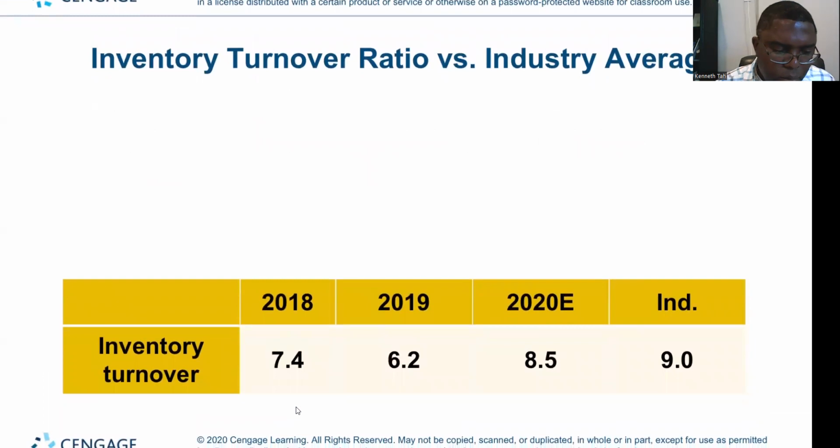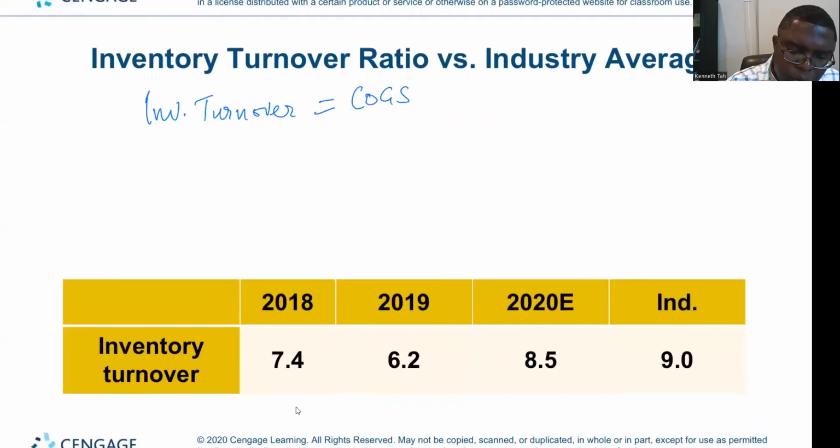All right. The first asset ratio we want to look at is what we call inventory turnover. So inventory turnover is actually the cost of goods sold plus other expenses divided by inventories.